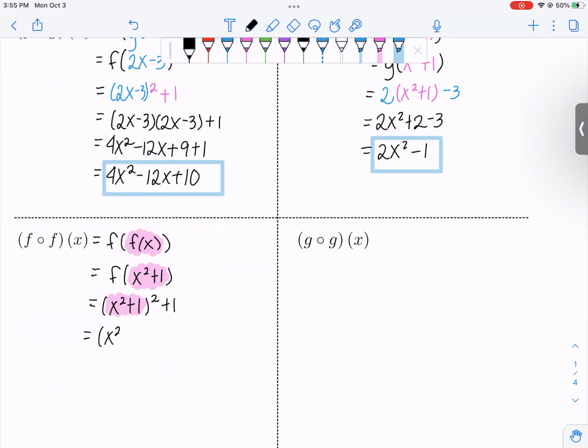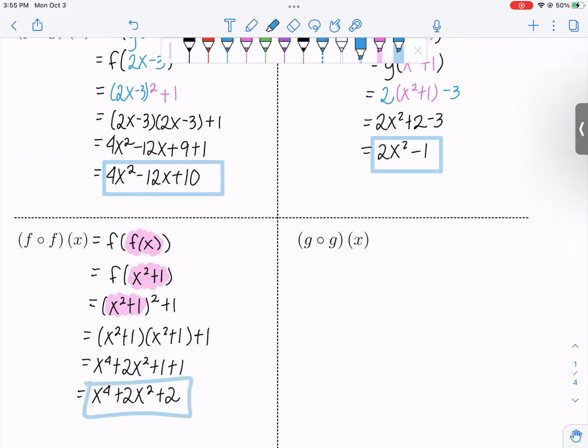This will be x squared plus 1 times x squared plus 1, plus 1. Foiling, we're going to get x to the 4th plus 2x squared plus 1 plus 1, x to the 4th plus 2x squared plus 2. Bam.